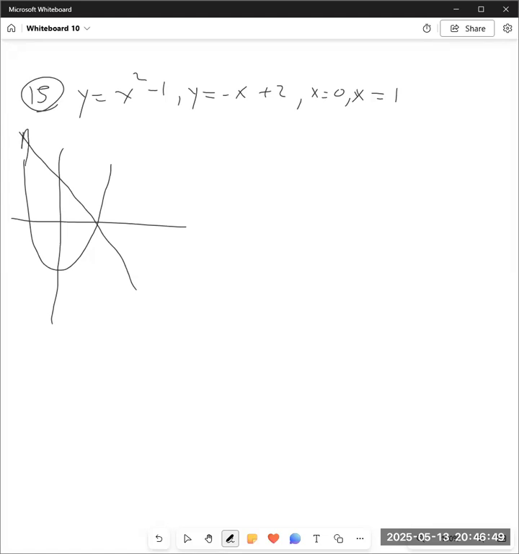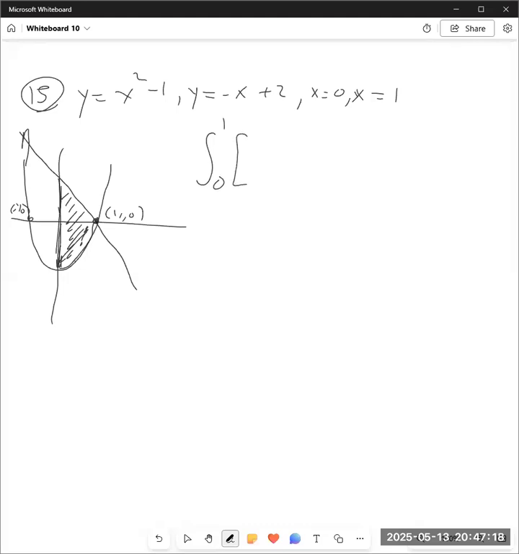And I'm interested in, this goes through negative 1, 0, and 1, 0. I'm interested from 0 to 1 here. This part of the graph right here where the line is above the parabola. So that's going to go 0 to 1.